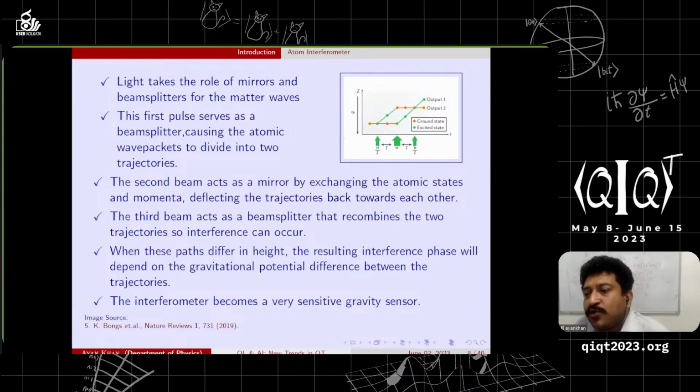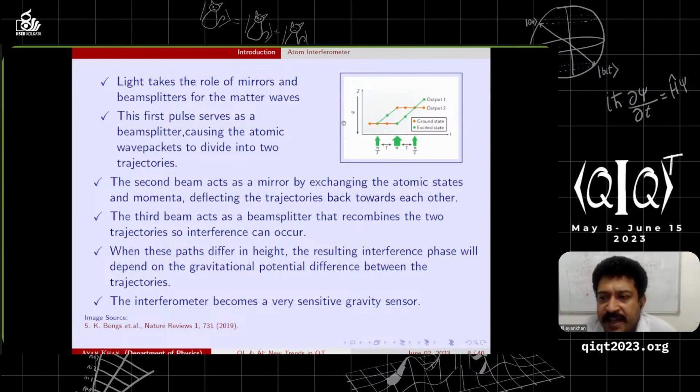In interference, we measure phase, which you can write as e to the power of ikx. So if you know x and you measure the phase, you can conclude about the acceleration. Your x is a function of gravity.